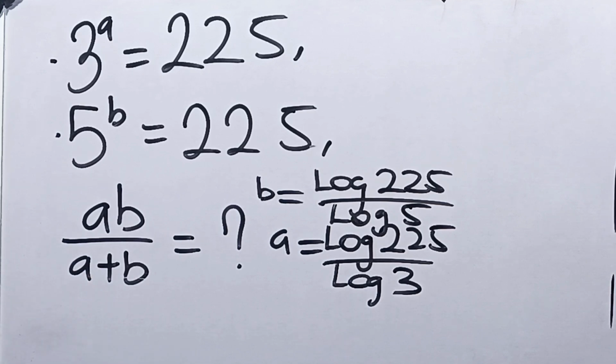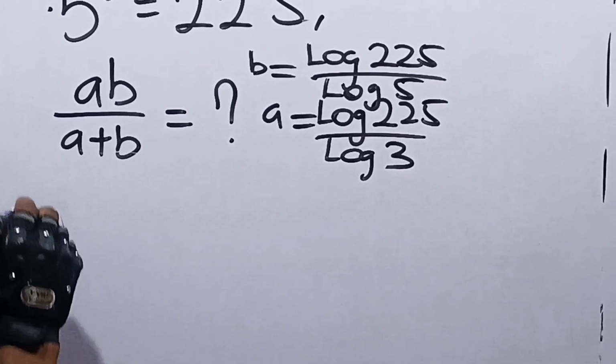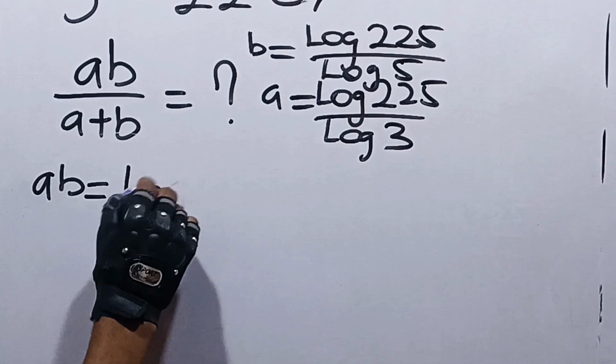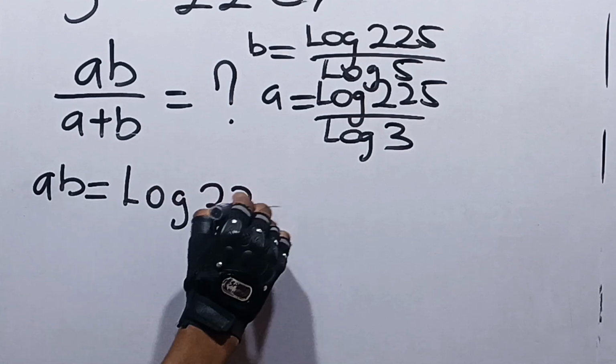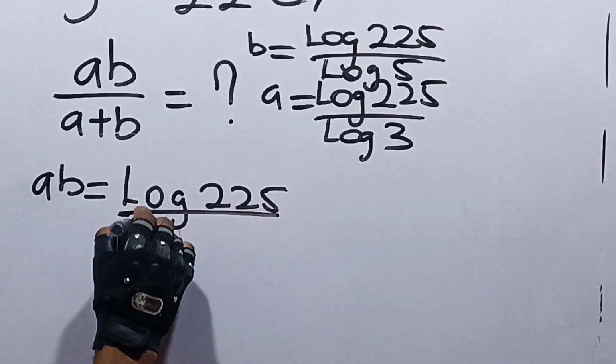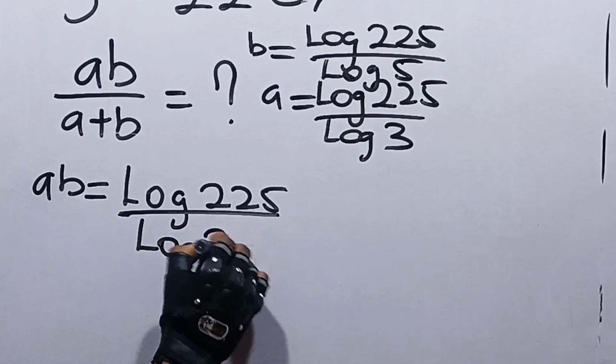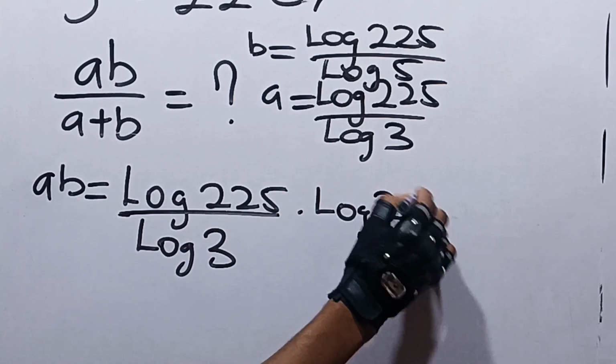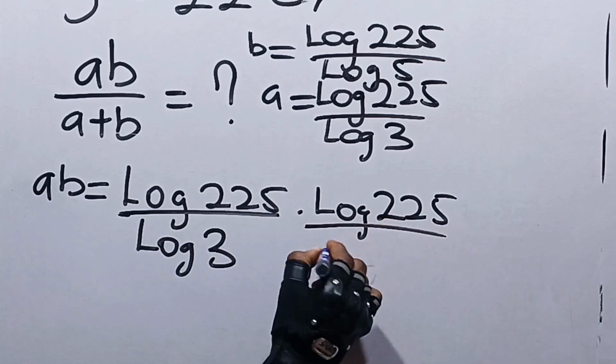Now we have to first solve for ab, then we solve for a plus b, and then divide. Alright, so our ab from what we solved will be equal to a, which is log of 225 over log 3, times b, which is log of 225 divided by log 5.